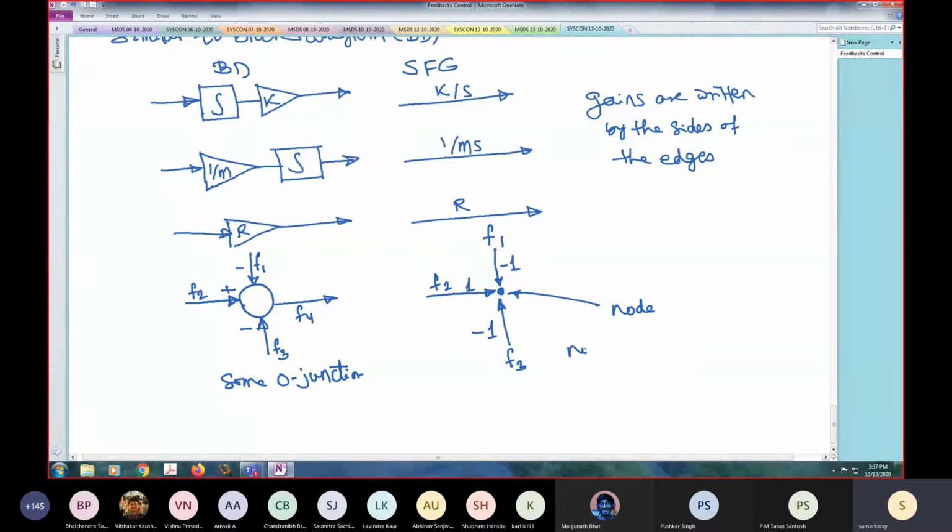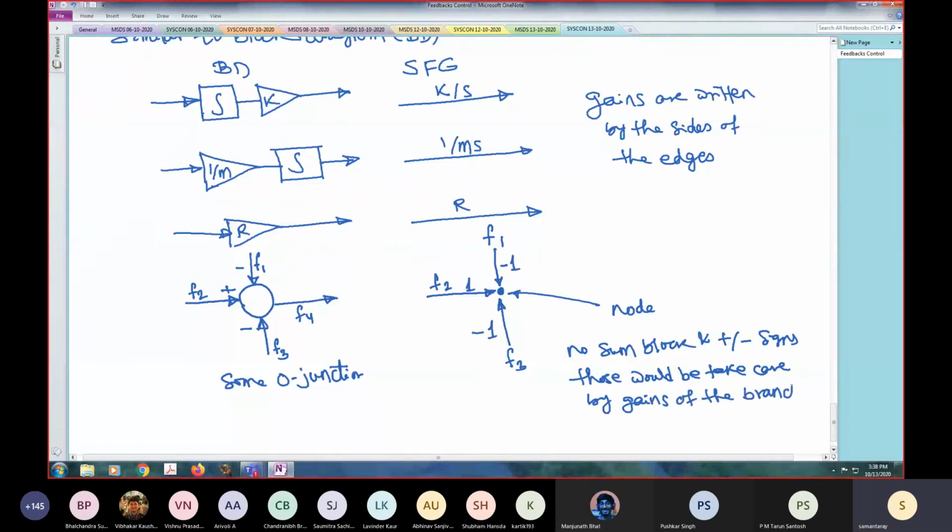So no sum block and plus minus signs; those would be taken care of by gains of the branches or edges.